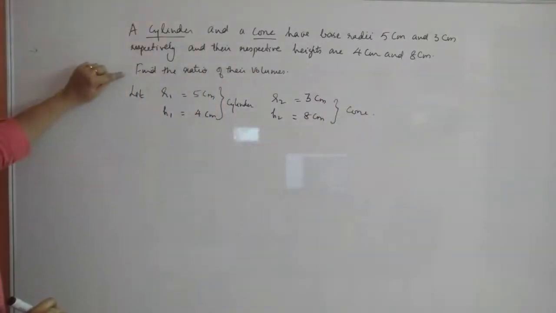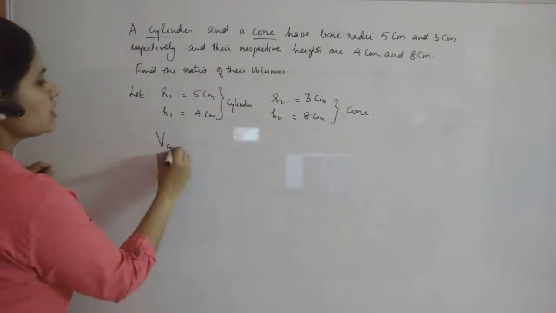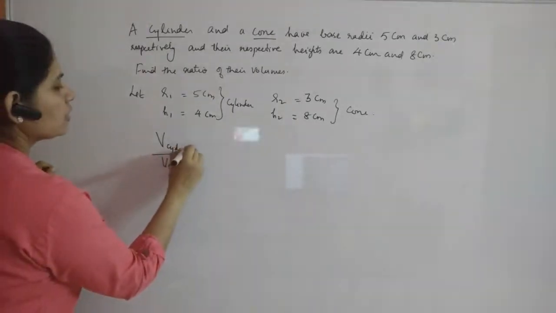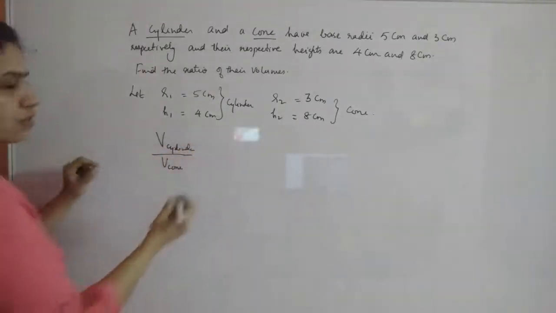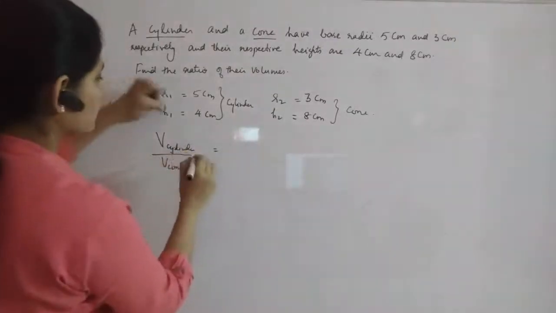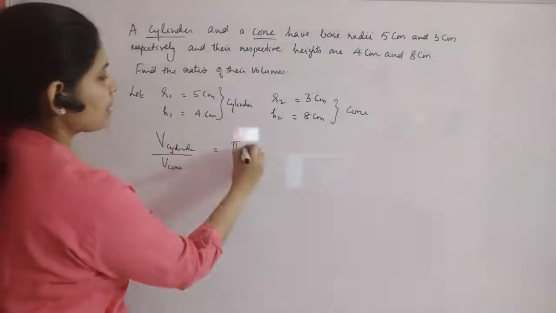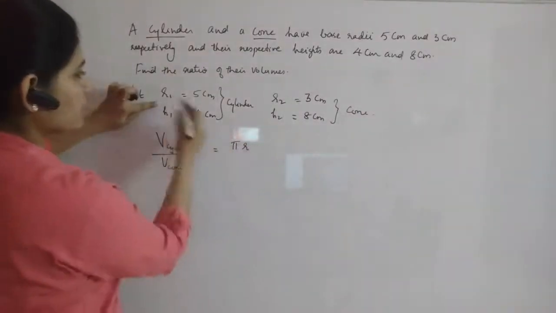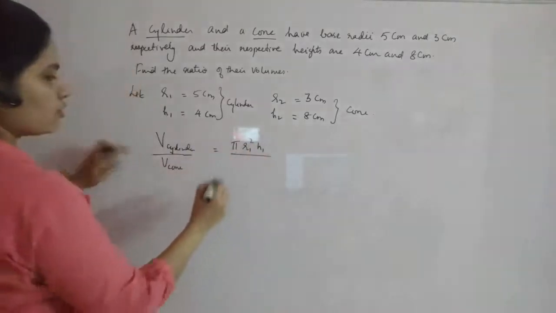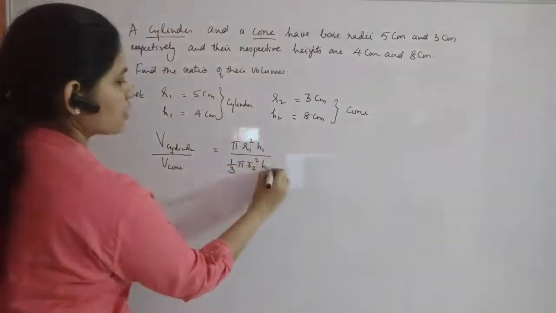You have to find out the ratio of their volumes. Now what is the volume of the cylinder and what is the volume of the cone? Either you can do separately and then take the ratio, or we can write here itself the formula and take the values. Okay, what is the volume of the cylinder? It is pi r square h. So here you will get pi r square. For the cylinder I have taken r1. So r1 square h1 by volume of cone is 1 by 3 pi r square h. So it is pi r2 square h2.